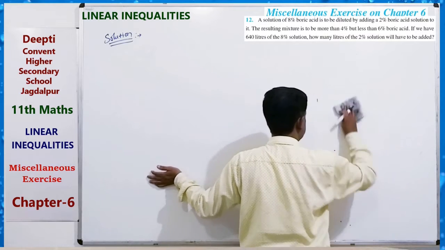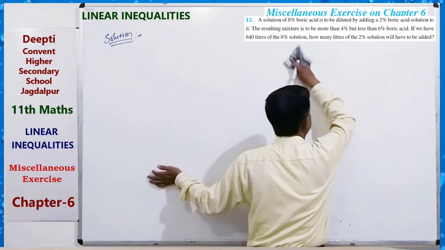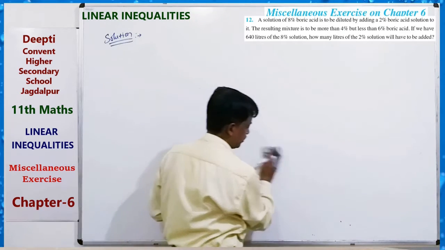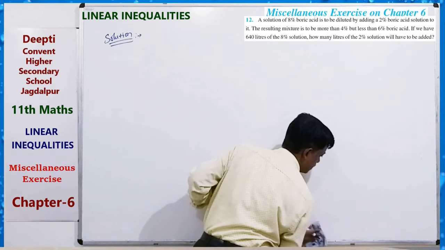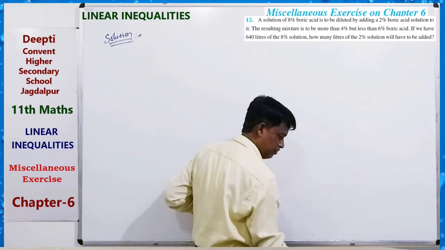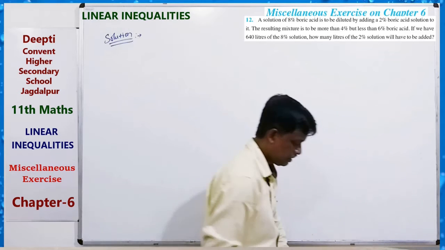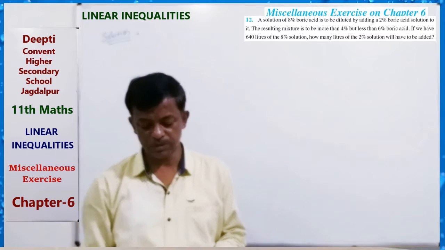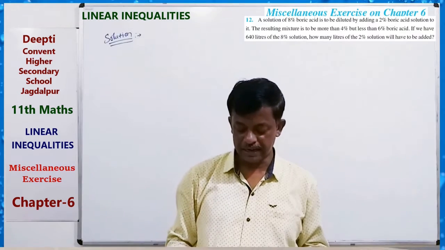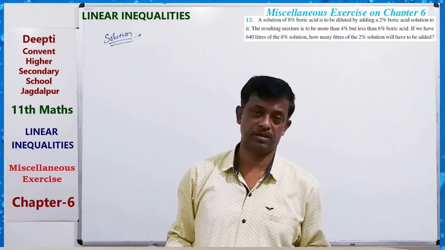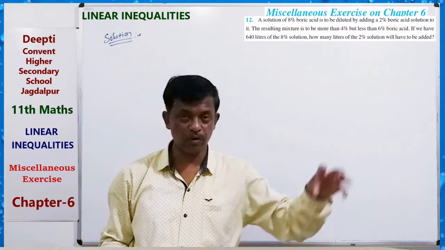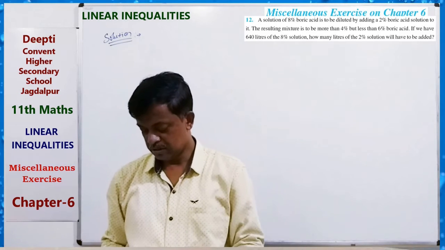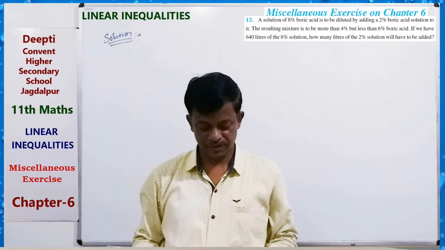Okay, so here take question 12. A solution of 8% boric acid is to be diluted by adding 2% boric acid solution to it.